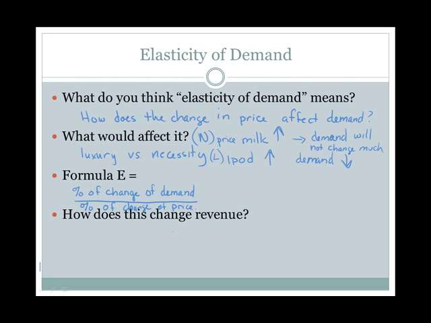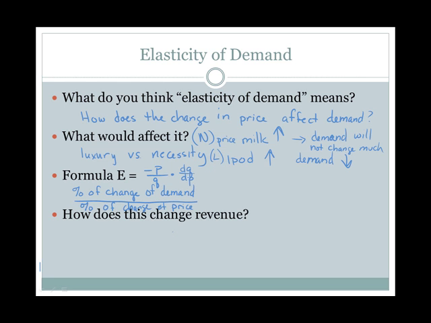But the whole idea is, if the price goes up 10%, what percent will the demand go up? The formula is E equals negative P, for price, over Q, quantity or demand, times dQ/dP, which is the change in quantity in relation to the change in price. So that's the formula for finding E.